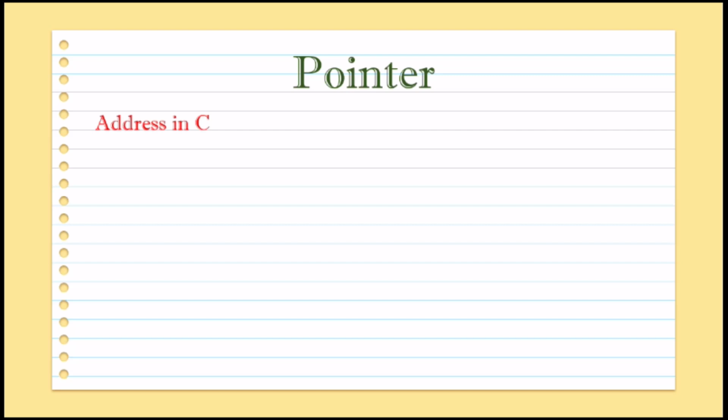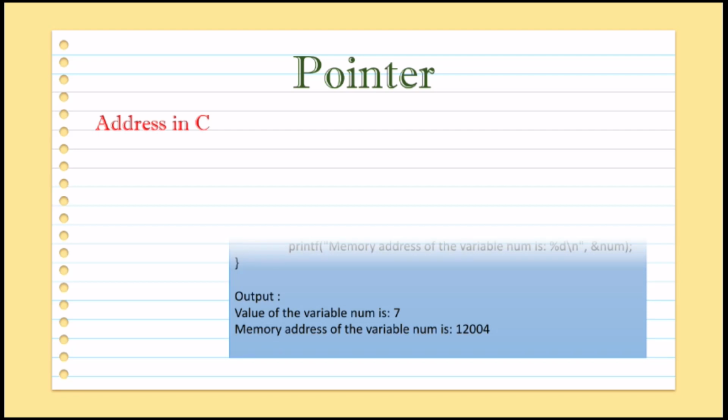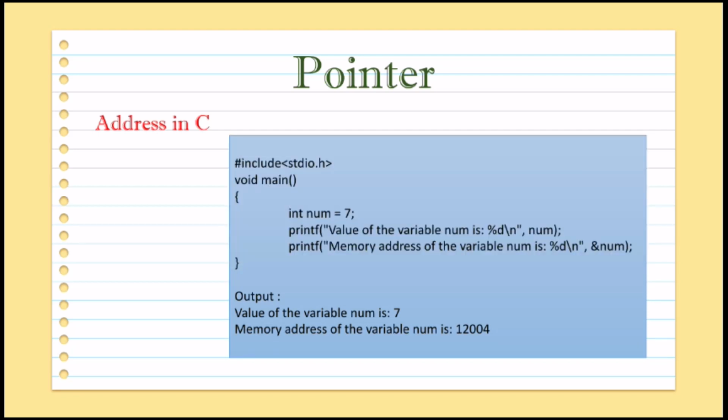Remember that value saved in variable and address are two different values. We can easily check the address of memory location by using & symbol. If num is the name of the variable, then &num will be address of that variable. We will see one program so that you will easily understand.